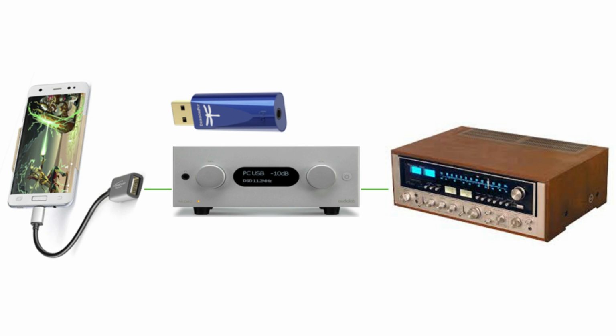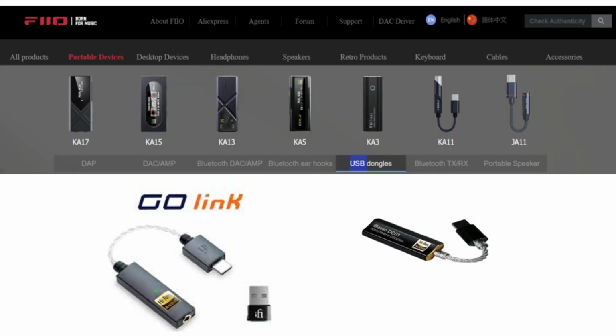A DAC could be any standard USB DAC, or it could be a portable DAC, like a dongle DAC. If you have any one of these two lying around, happy days. So if you're using already some kind of portable USB DAC, that's great. If you have an old DAC that might not be state of the art, but still useful, has USB, happy days. You can use that as well.